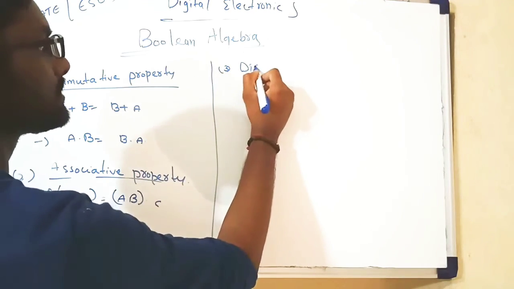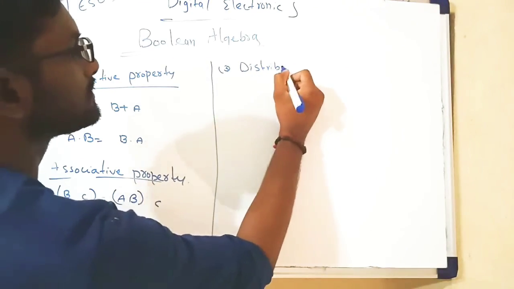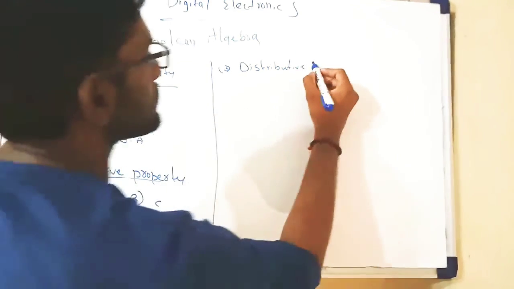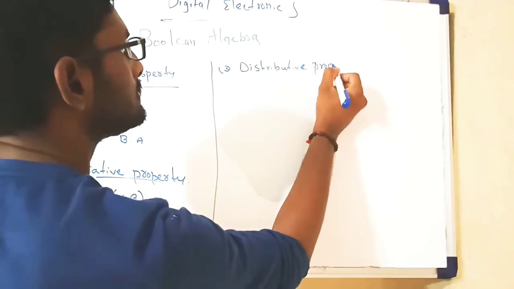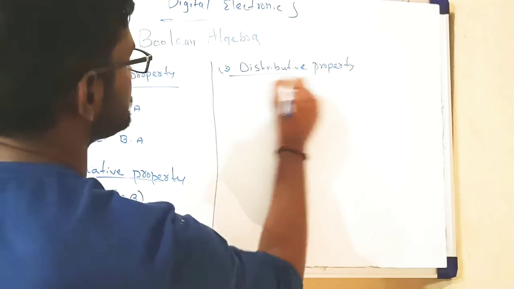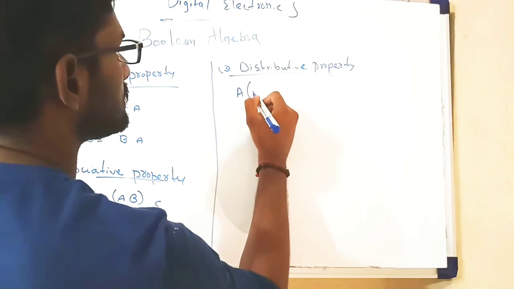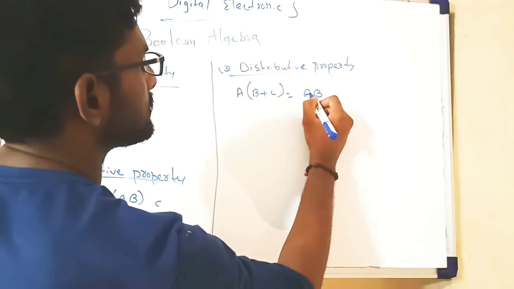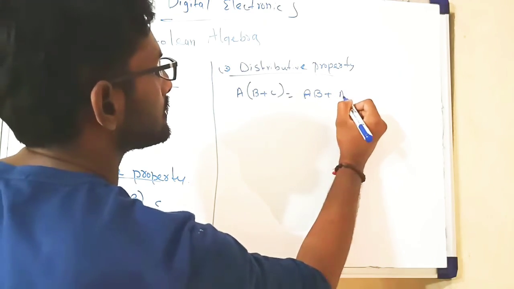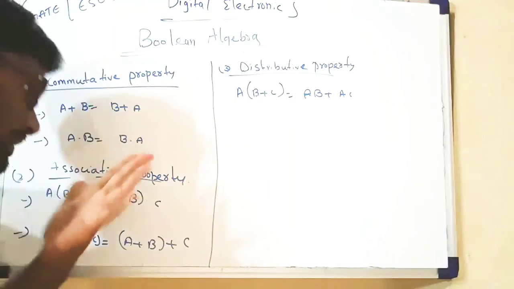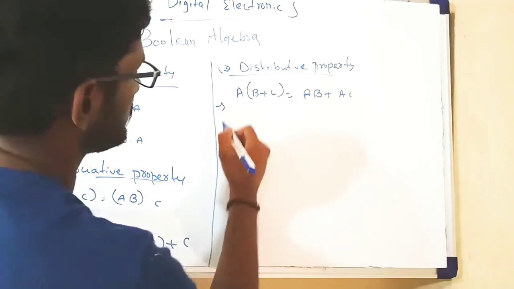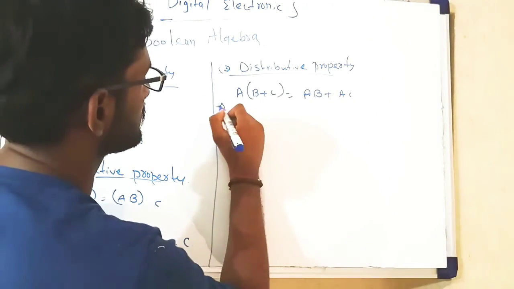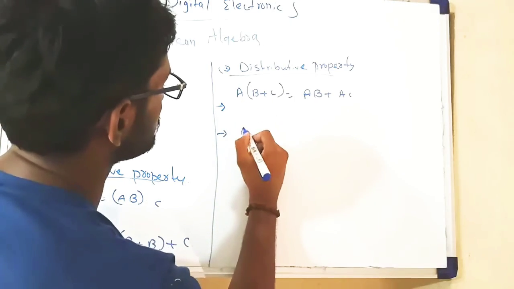This is the distributive property, which is an important property for realizing simpler circuits. Here a into b plus c equal to ab plus ac. We know only this property, but there is another property which is very important from the exam point of view.